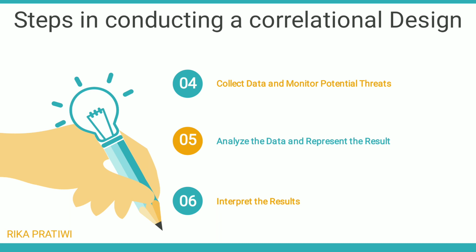Next, we have to analyze the data and represent the results. The analysis begins with coding data and transferring it from the instruments into a computer file. Then the researcher needs to determine the appropriate statistic to use. And the last step in conducting a correlational design is to interpret the results.